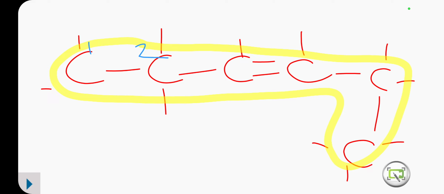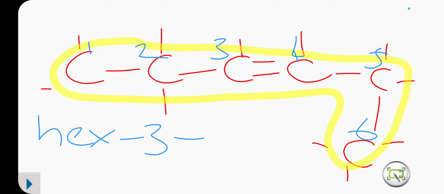So I'll be starting with 1 there, 2 there, 3, 4, 5, 6. We have 6 carbons in this chain, so it will be hex. Right? And because the smallest number to which the double bond is attached to is 3, we will therefore write dash 3 dash, and it is a double bond, so it will end with ene. Hex-3-ene.